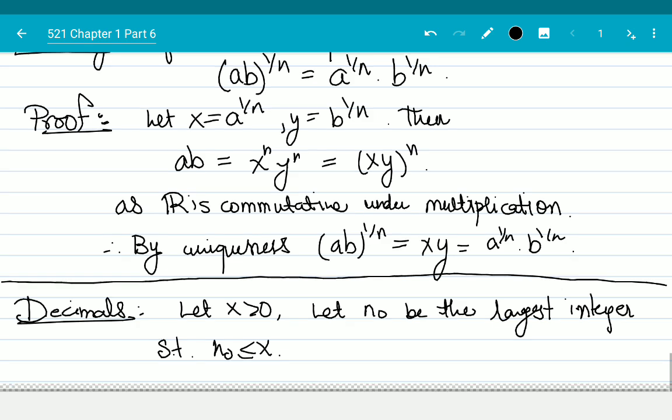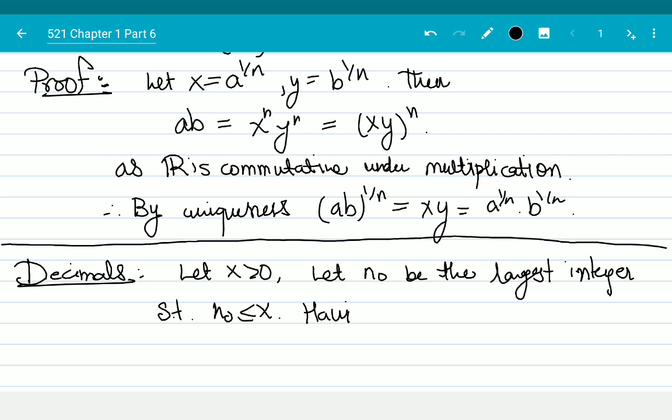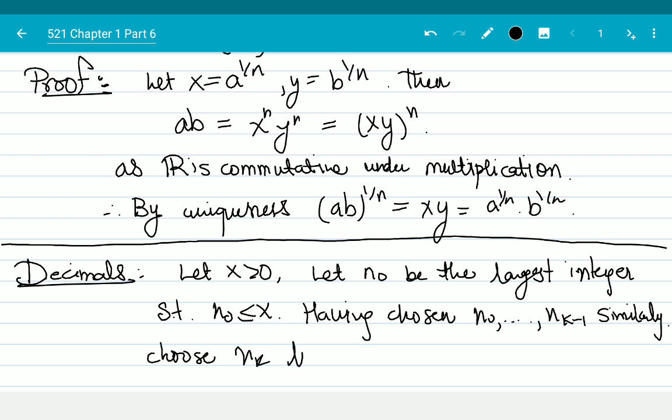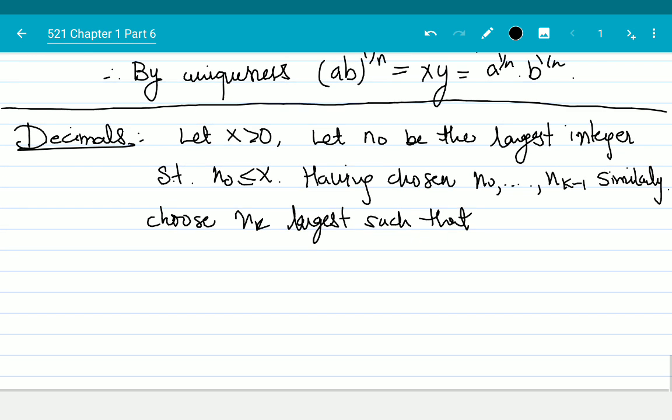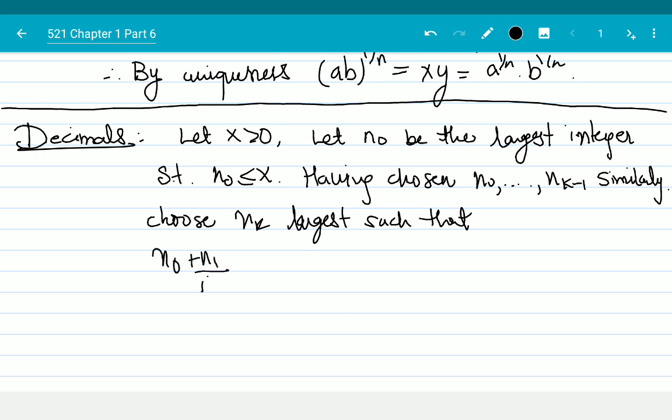Okay, having chosen n0 through n(k minus 1), similarly, choose nk largest such that n0 plus n1 over 10 plus n2 over 10 squared plus dot dot dot nk over 10 to the k is smaller than or equal to x.